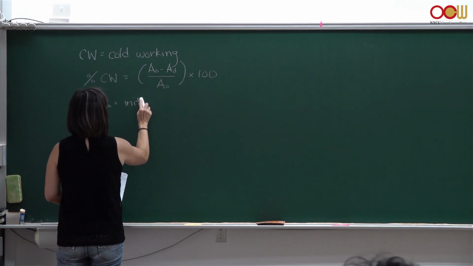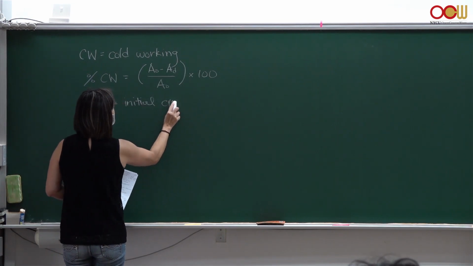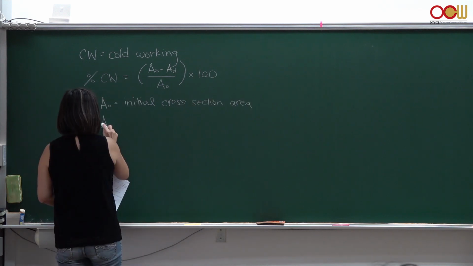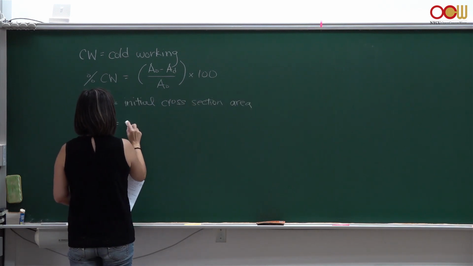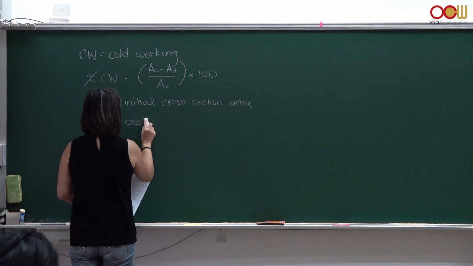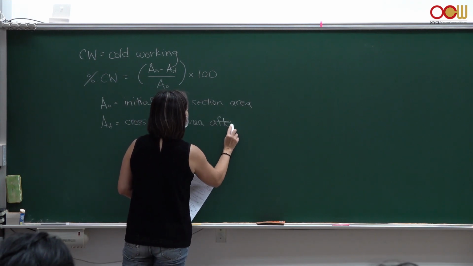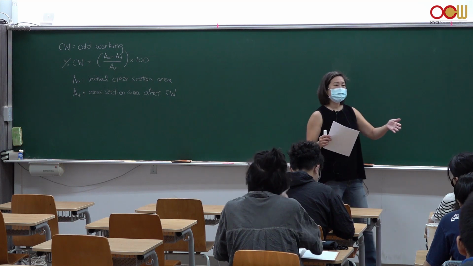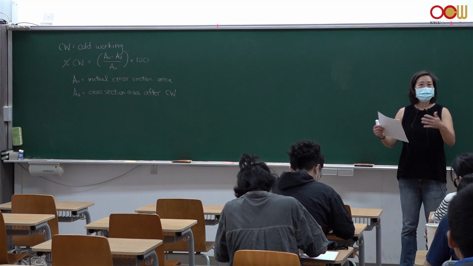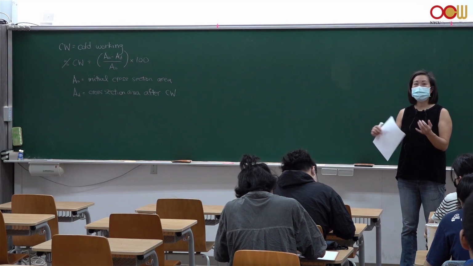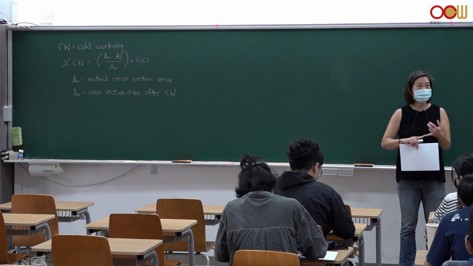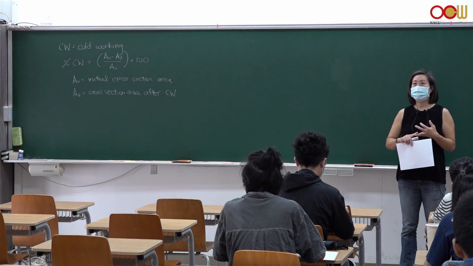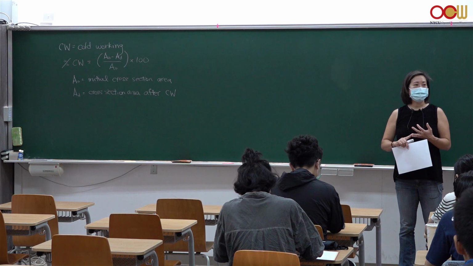A0 is the initial cross-section area. AD is the cross-section area after cold work. So we know by increasing the deformation of a material, we can increase the number of dislocations. We can increase the amount of grain boundaries.